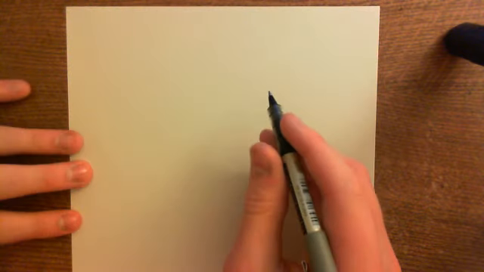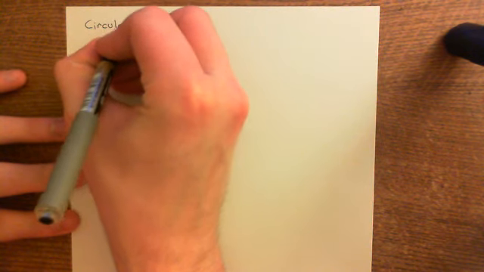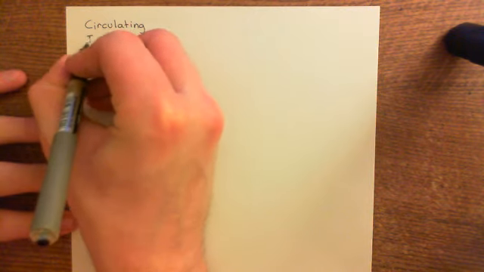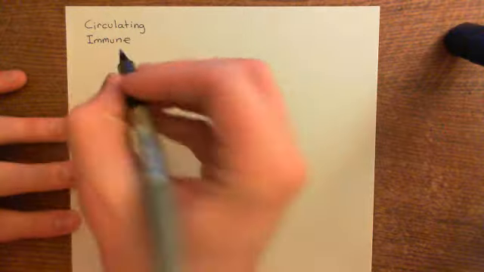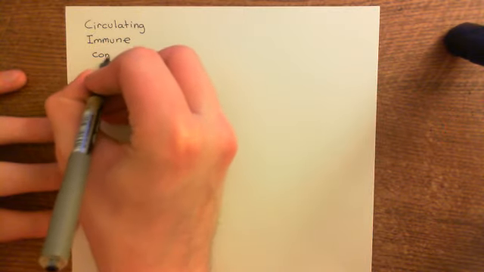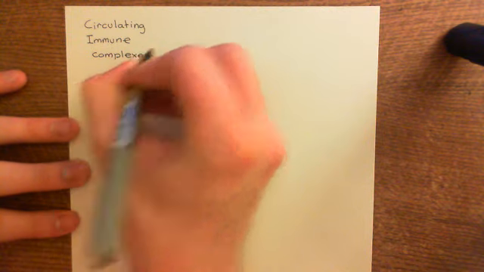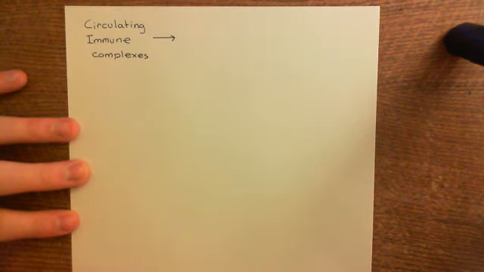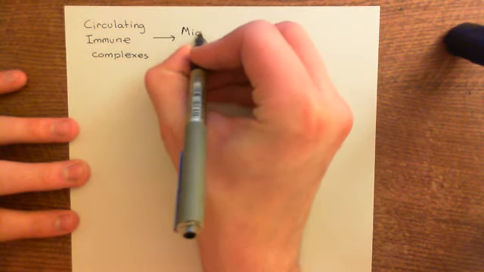Basically, what may happen is you may start off with these circulating immune complexes. And maybe they are capable of initiating the acute inflammatory response on their own, but alternatively, maybe what follows is that you get a microbial insult or a mechanical insult to the joint.